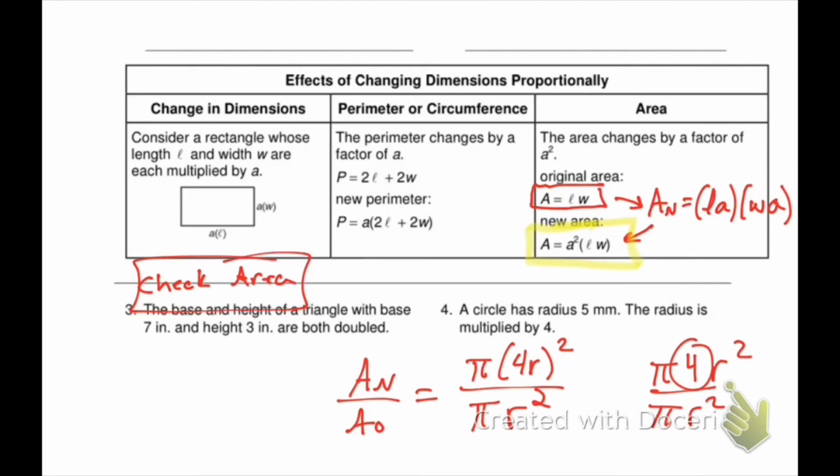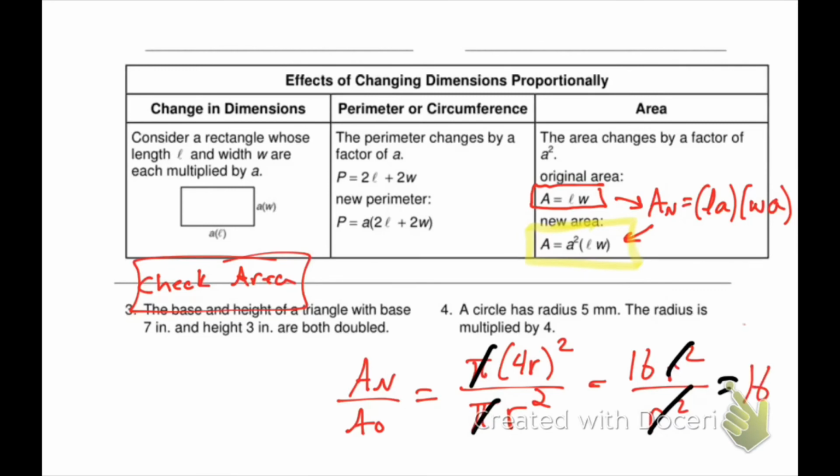You have to square that 4 too, because the entire radius is multiplied by 4, then you square it. So don't make that mistake. Well, my pi's cancel. 4 squared is 16 times the radius squared over radius squared. Radius squared divided by radius squared cancels out, and you're left with 16.